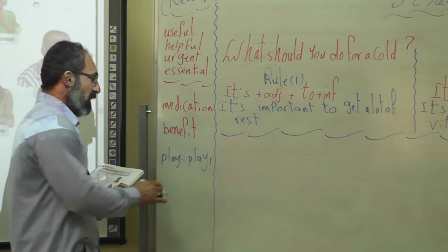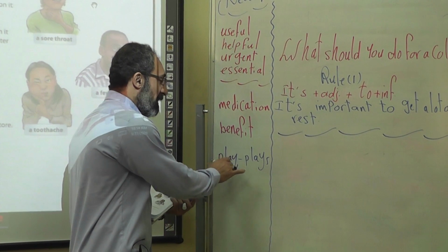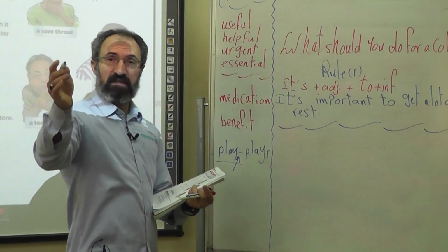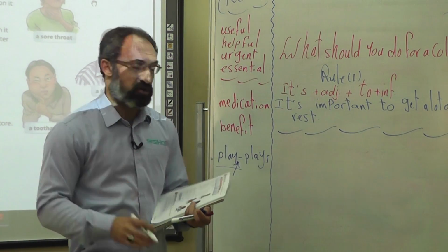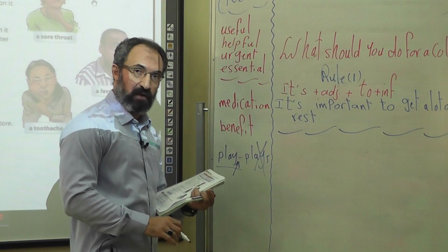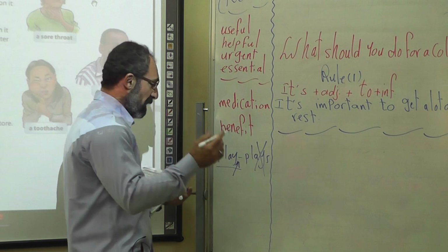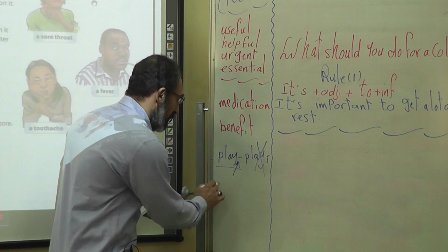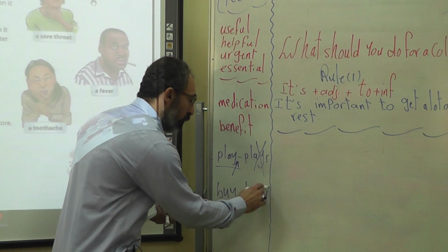Honestly speaking, it's play. Why? Because it doesn't have any addition here. Neither ed nor ing or any other addition. But plays is not my infinitive. One more example. Let's say that we have buy, and we have bought.